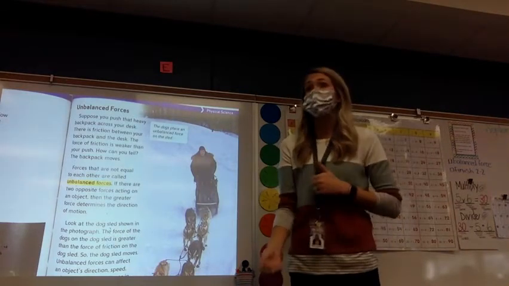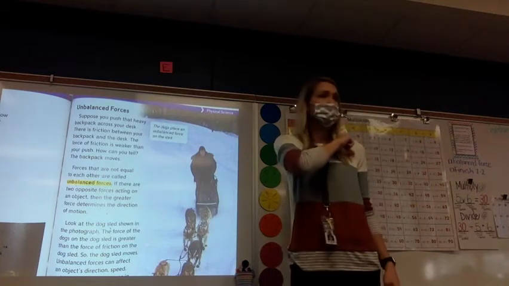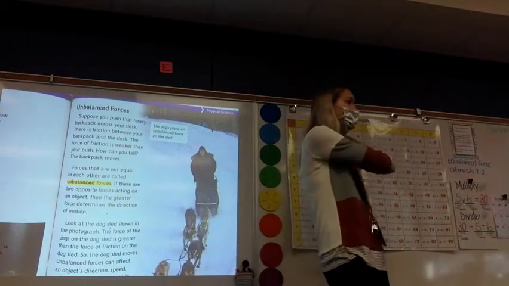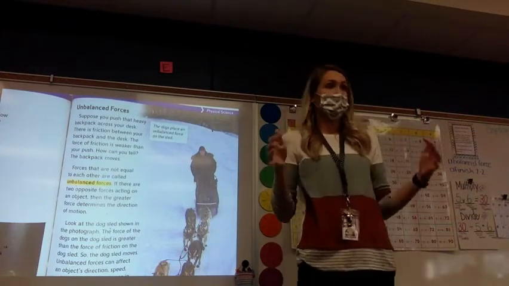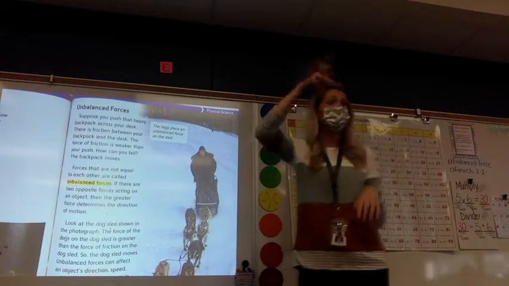But the minute one of us gets stronger and takes it from the other, is it balanced anymore? No, the greater force has won out and it's unbalanced. If I'm finally able to get that chew toy from my dog, it is no longer balanced and I've won it. Then I'm going to apply a force when I throw it as well.